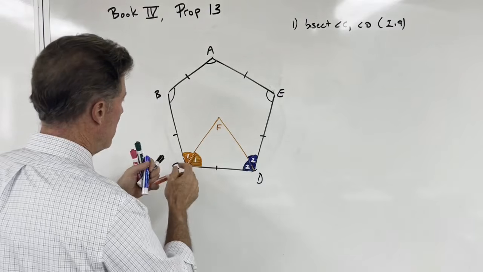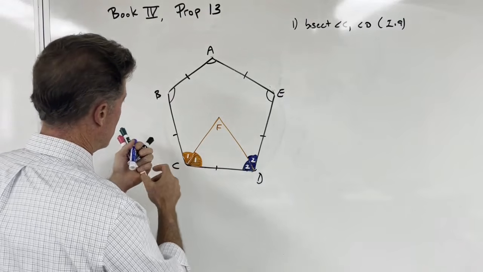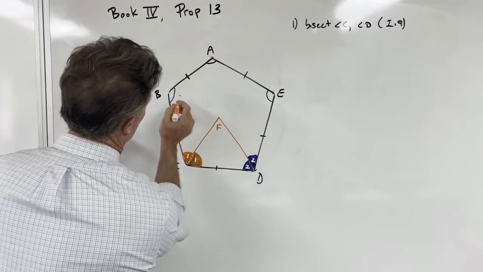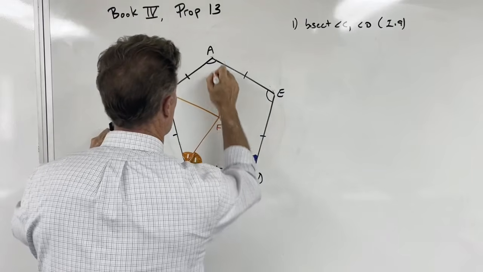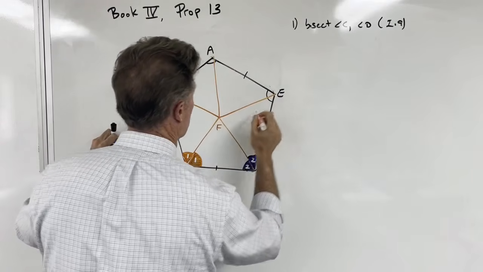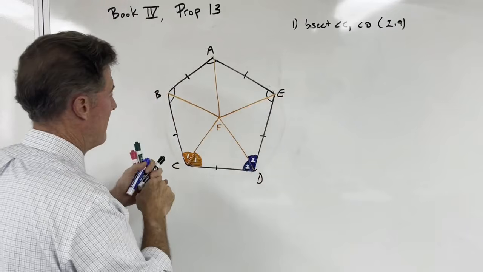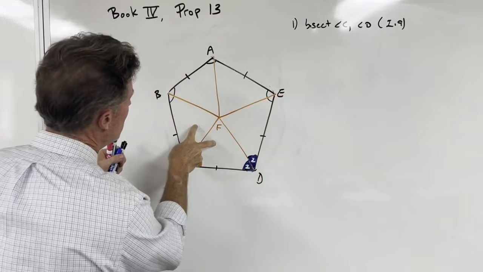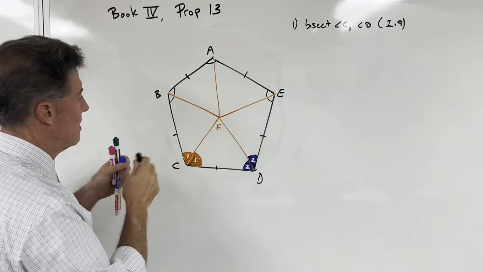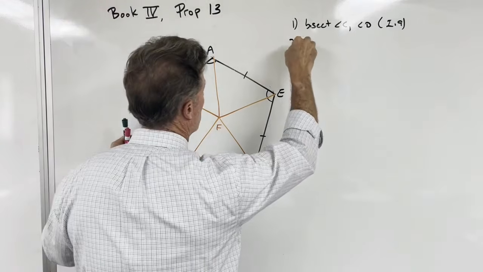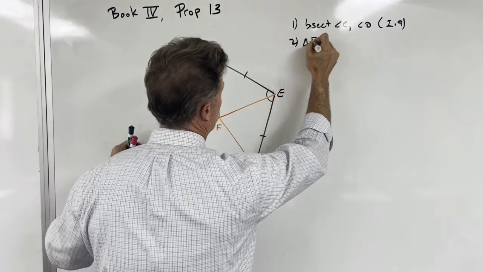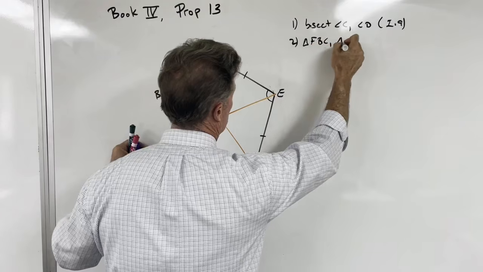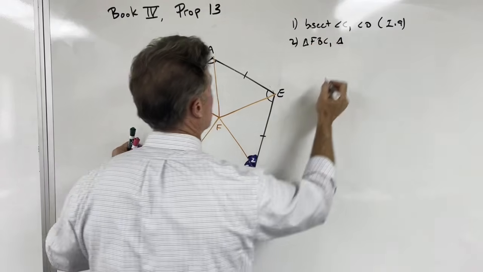Okay, so now let's connect FB, FA, and FE. Now let's consider these 2 triangles. So let's consider triangle FBC and triangle FCD.